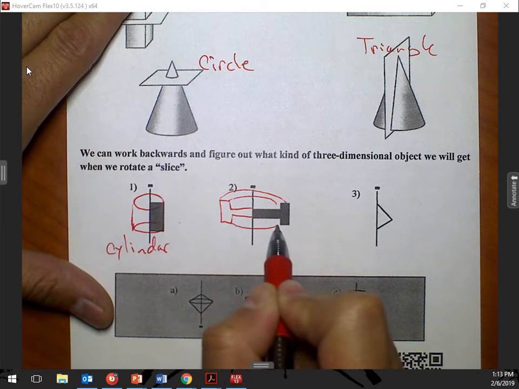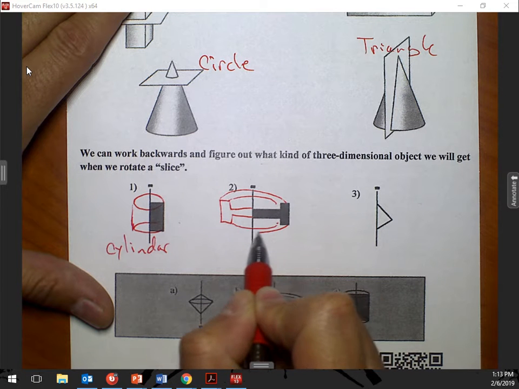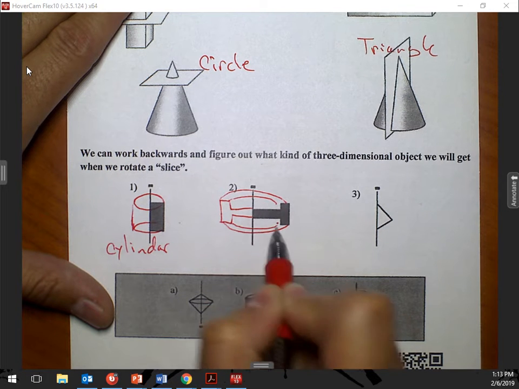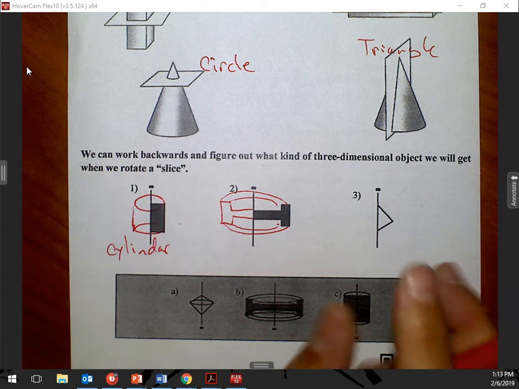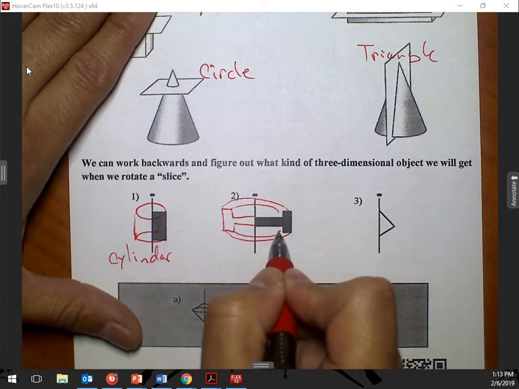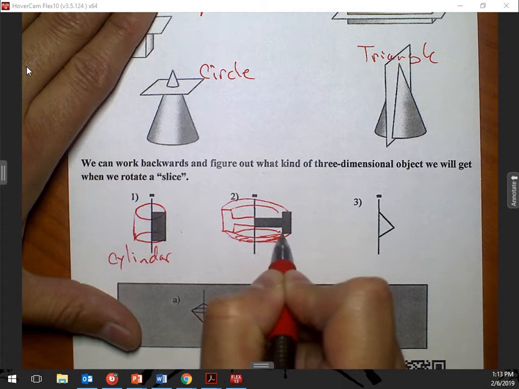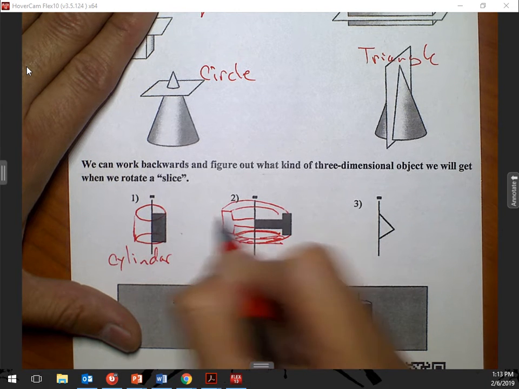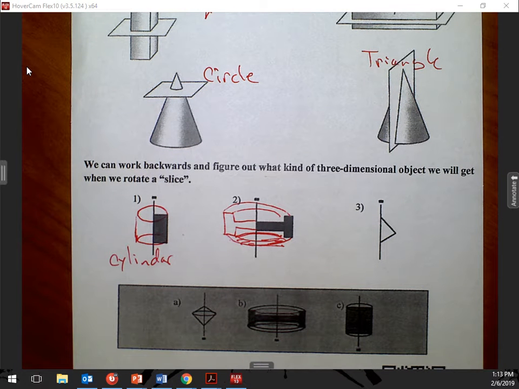It's not a regular shape. This one is going to come out as some wonky shape. Wait, no, hold on. I did it in the wrong direction. It's not that way. If it curves up here, it curves up on the bottom too. So it should look something like that.